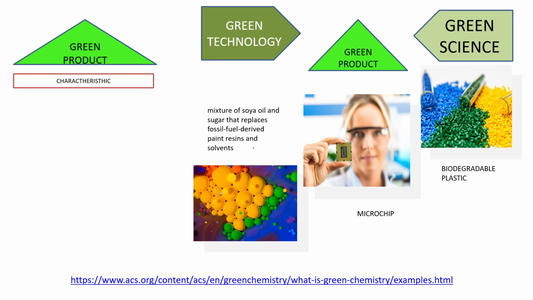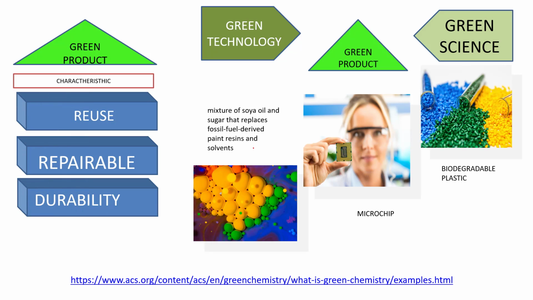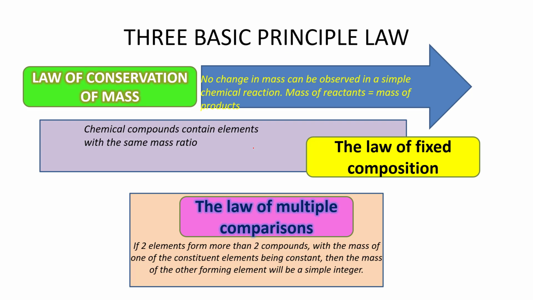But in order to make sure that our product is green, the product should fulfill three characteristics: it could be reused, it could be repairable, and it is durable, with a long time in use. Now, these are the three basic principle laws. In first-year chemistry, we have already learned the basic laws of chemistry.